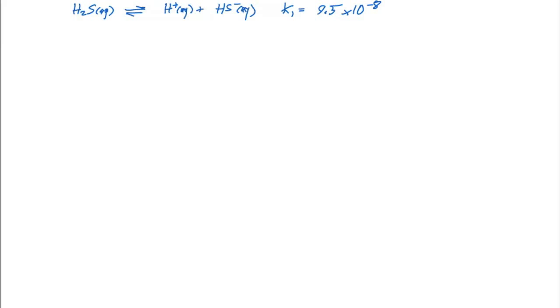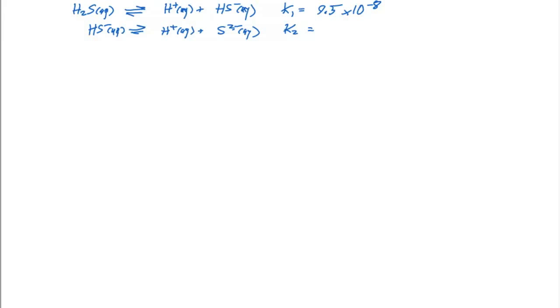In addition to having this equilibrium, our HS- ions in solution are going to be in equilibrium with H+ and S2-. The K2, if you remember back from the acid-base chapter, the second dissociation constant is typically much smaller than the first one.